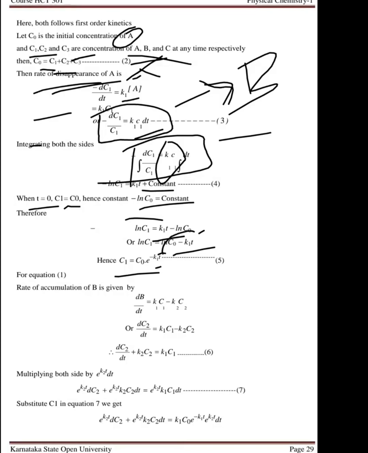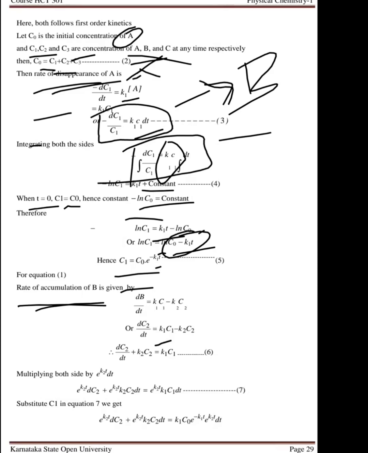From this equation, the rate of formation of B is given by dC2 by dt equals K1 C1 minus K2 C2.